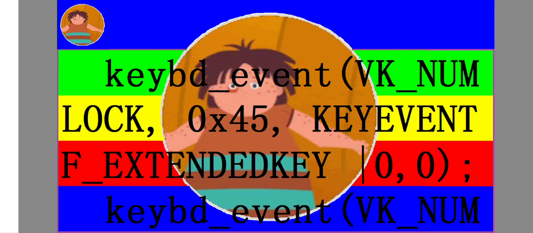Then we simulate the key up. keybd_event, this function is DOS style. keybd_event, VK_NUMLOCK, the first parameter. The second parameter is 0x45, a scan code.